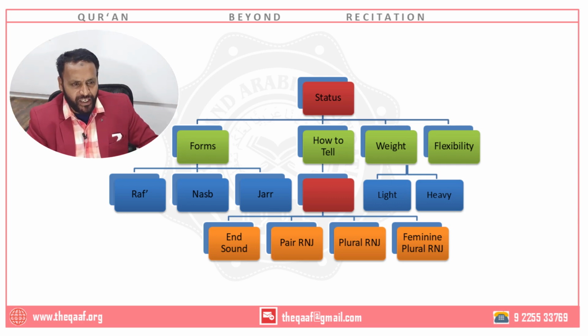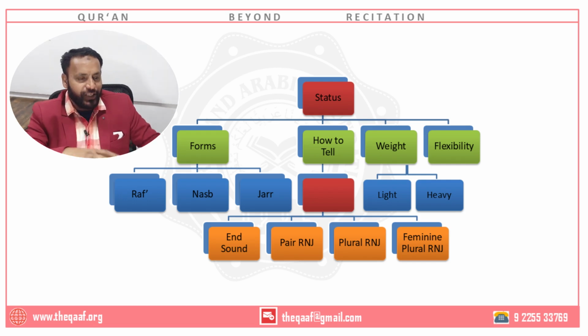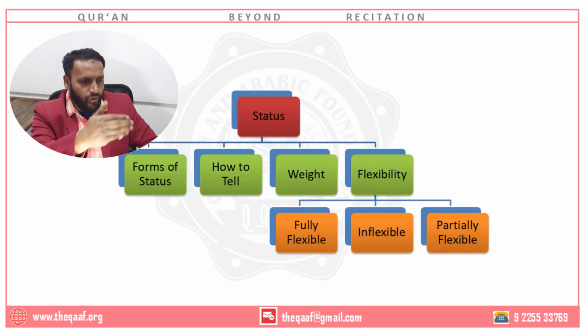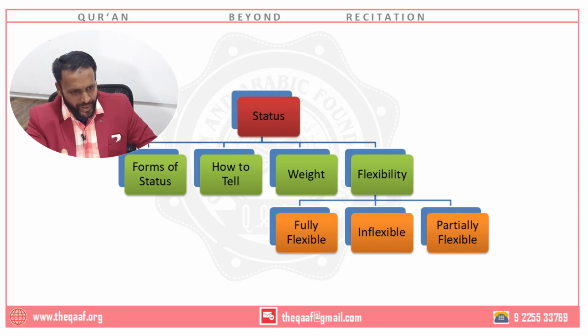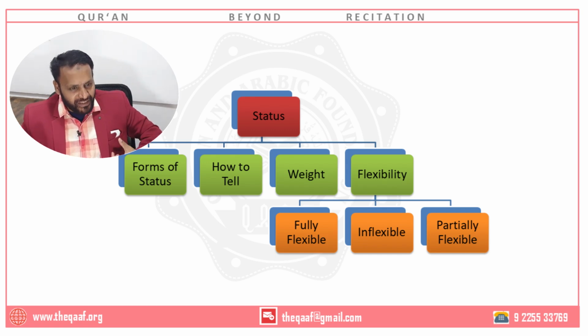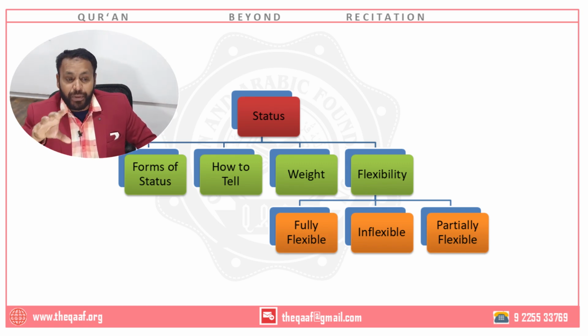That's why I made this flowchart. This was not part of the Bayyana syllabus anyway. If I zoom in on the status, this is what I get: forms of status, how to tell status, weight, flexibility. Under flexibility, there are 3 items. Because this is a very hierarchical thing, this flowchart helps you to understand and put the concept in the right perspective.